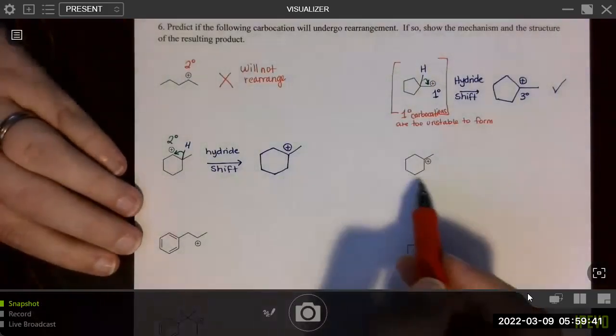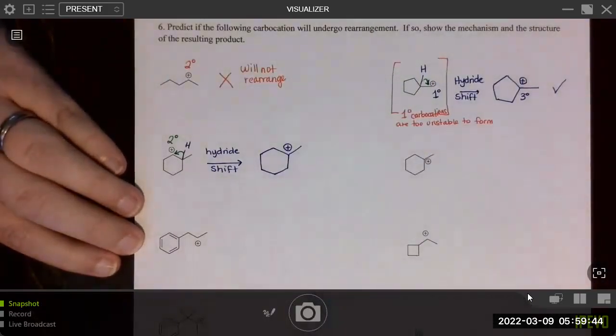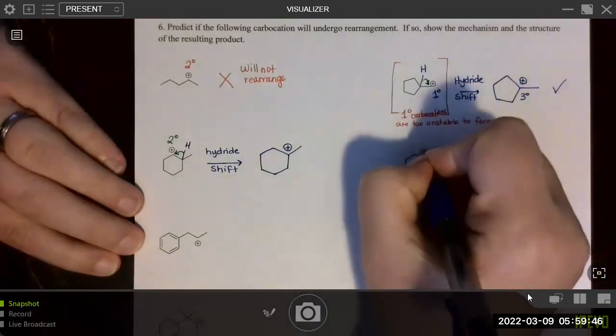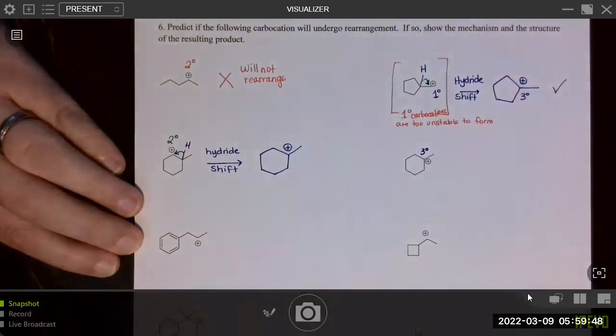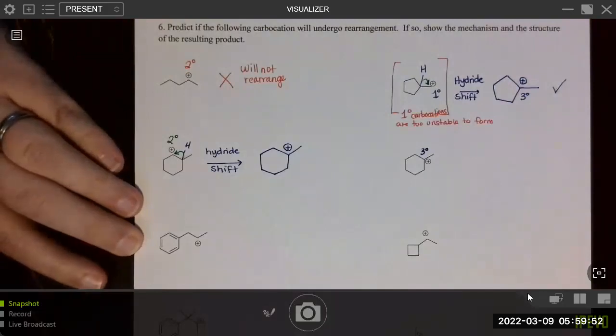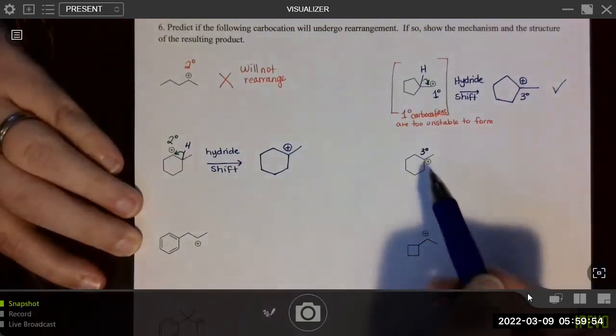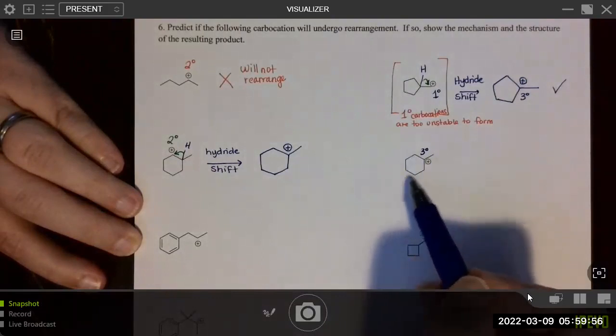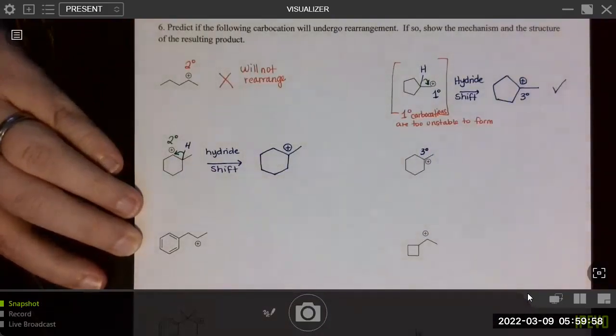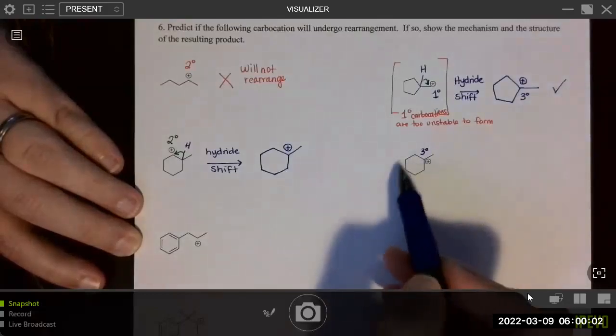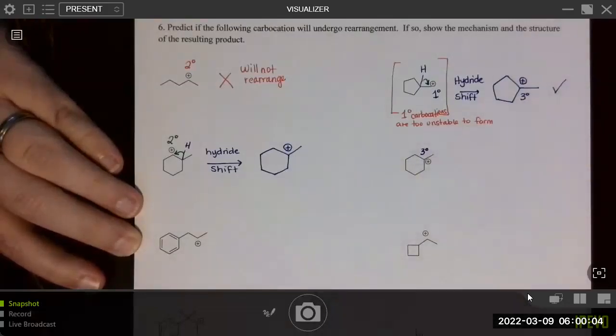All right, what about this? Right now, this is a tertiary carbocation. We could think about a shift, but unless it's going to become allylic, then it's not going to shift, because everything is not as stable as tertiary except for a resonance stabilized carbocation. So this one, there's no way we can get it to anything more stable.